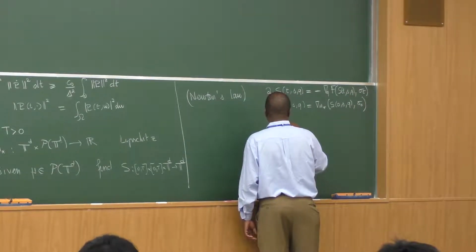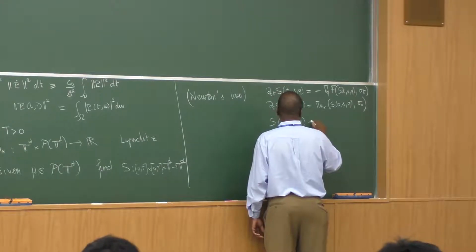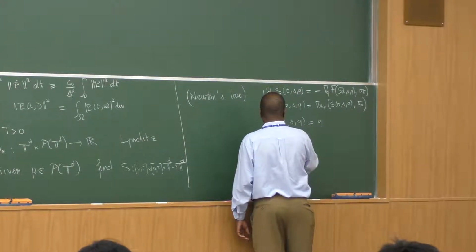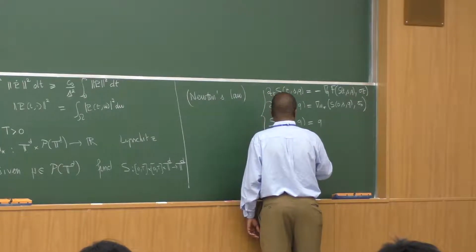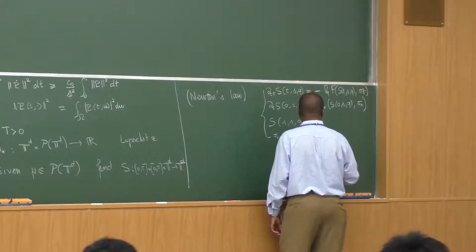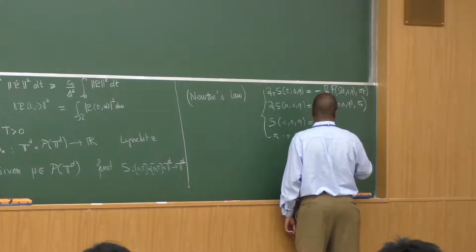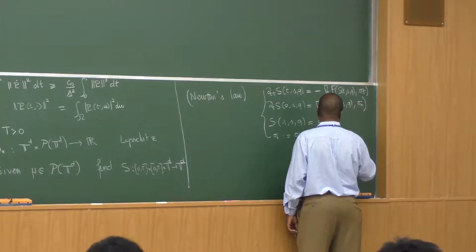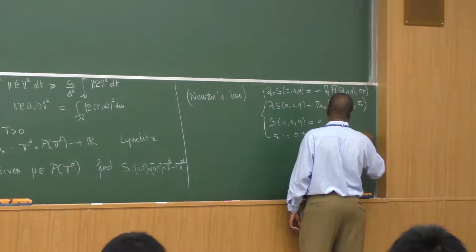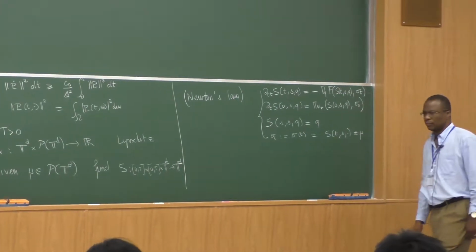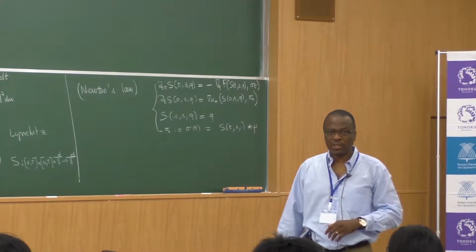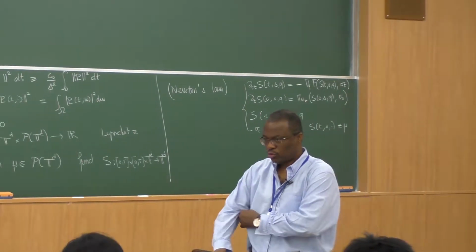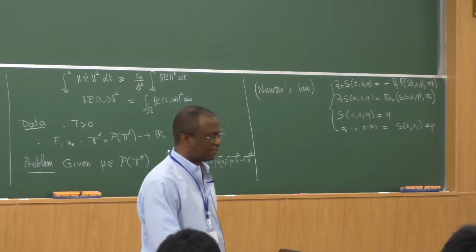And S of s, s, q equals q, where I set sigma t equal to the push forward of mu by S. In fact, sigma t depends on little s, but I am not going to display the dependence.